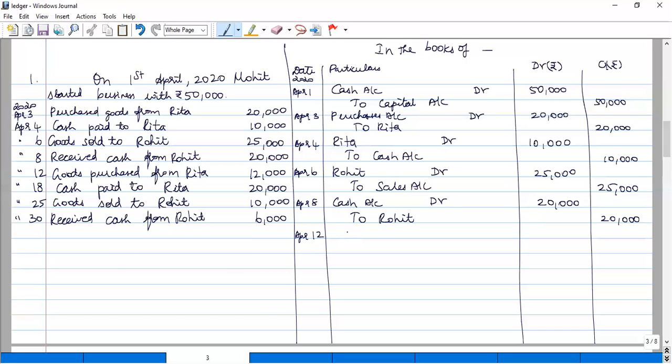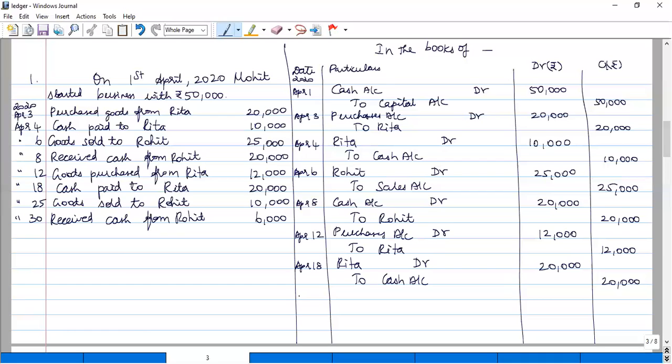So purchases account debit to Rita, 12,000. Next, on April 18th, we pay cash to Rita. Same, liability decrease has to be debited to cash, as we pay by cash, so cash decrease has to be credited. Cash paid to Rita, rupees 20,000.